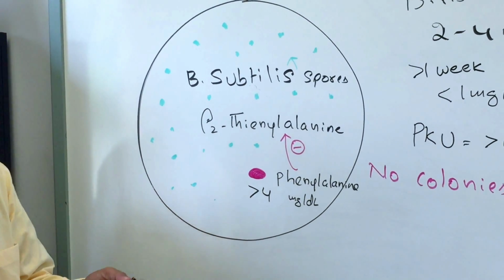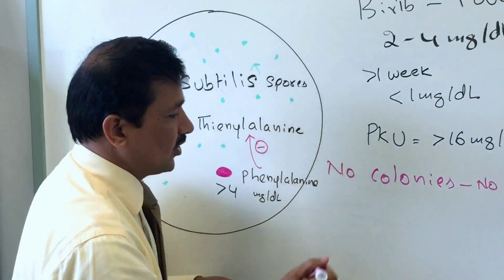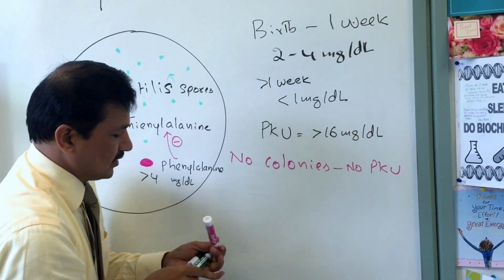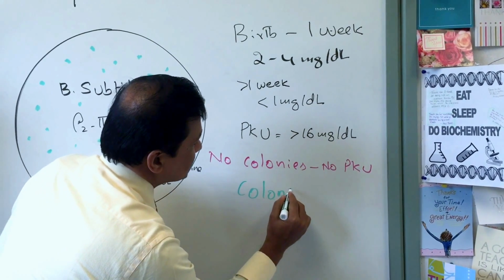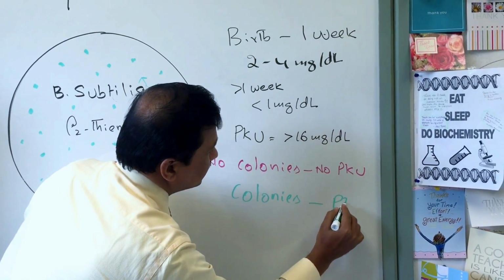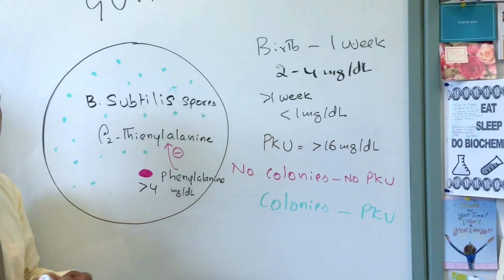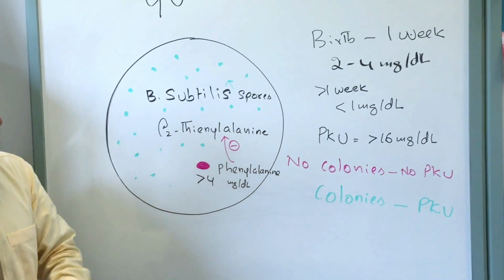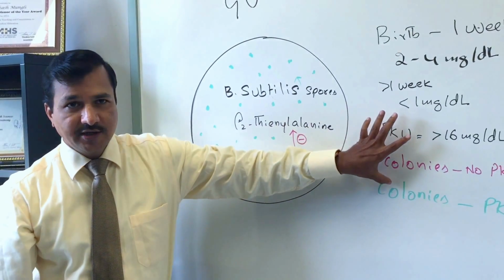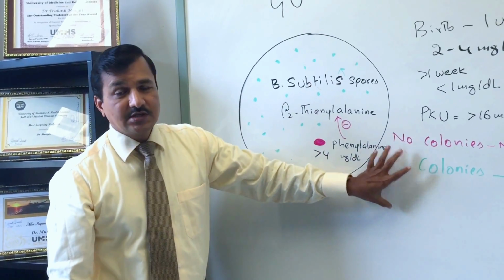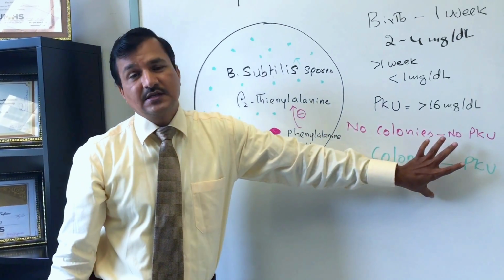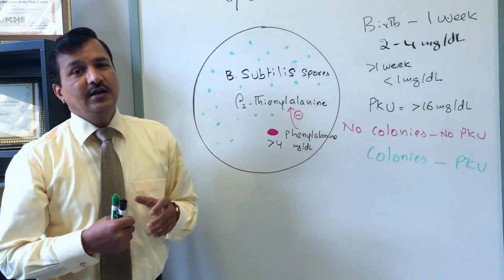The presence of colonies means PKU, phenylketonuria. That's the positive test. Negative test means no colonies, the baby is fine. Positive test means colonies, the baby is suspected to have phenylketonuria.